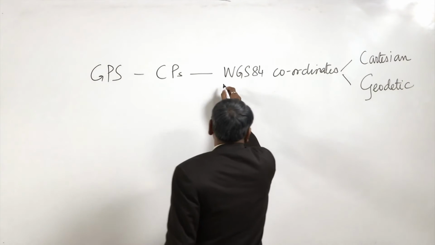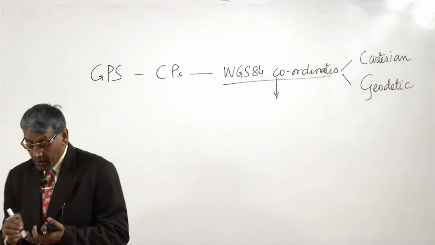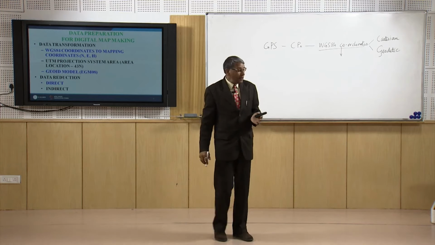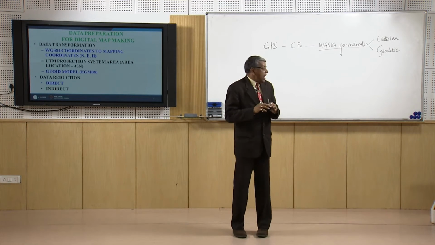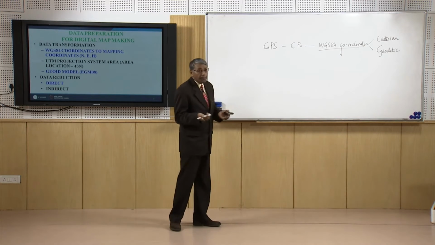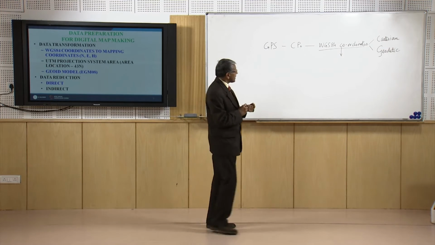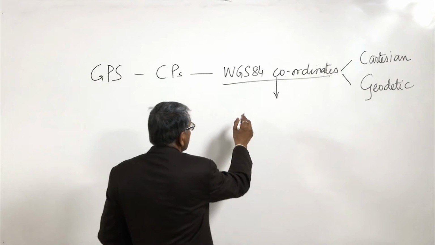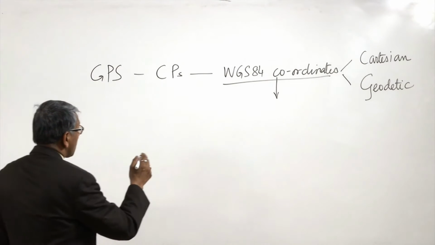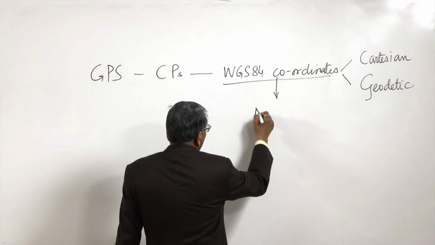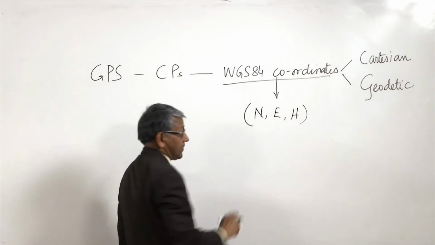Now these WGS 84 coordinates are in a global coordinate system on the surface of the earth, which is curved, but the map we will prepare is on a plain paper. So we need to convert, or we call it transform, these WGS 84 coordinates to north, east and orthometric height.